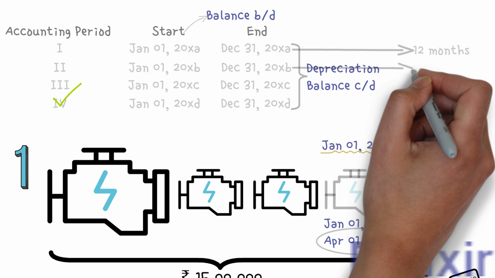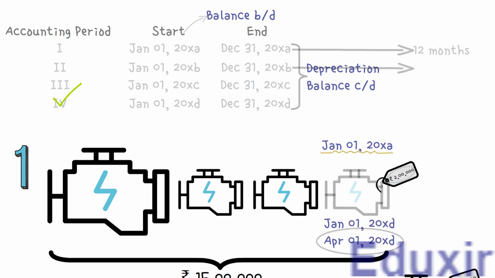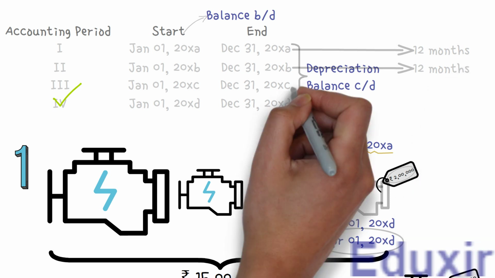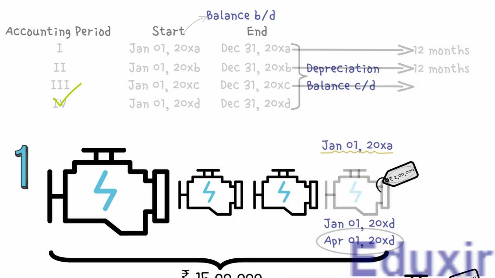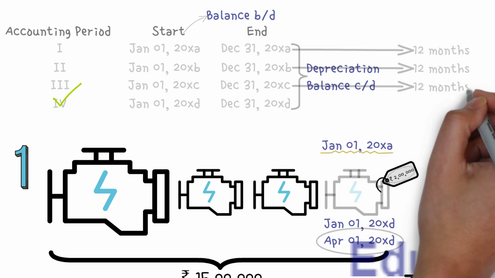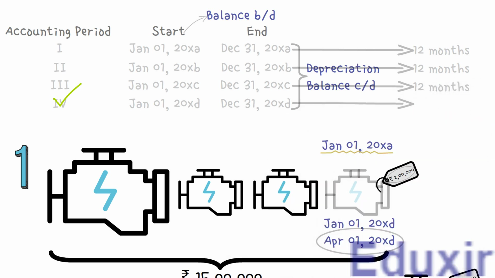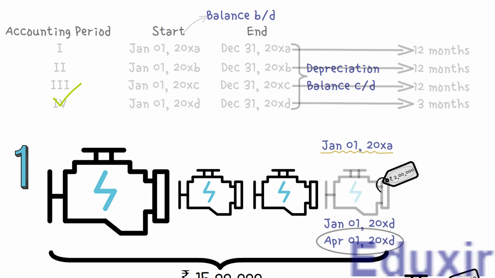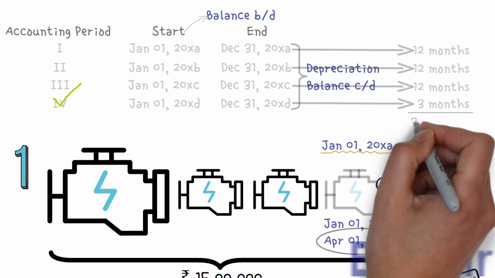In the second accounting period also, the depreciation was calculated for 12 months. In the third accounting period also, the depreciation is calculated for 12 months. In the fourth accounting period, as the machine is sold out on April 1st, the depreciation is calculated for just 3 months. Overall, the depreciation is calculated for a total of 39 months.